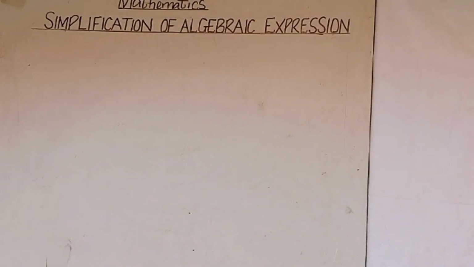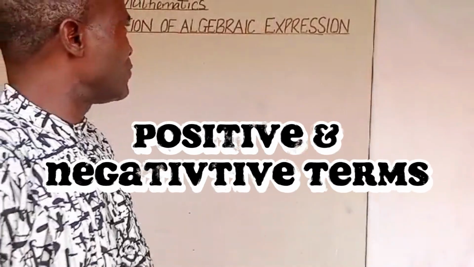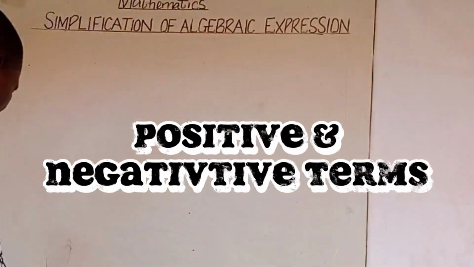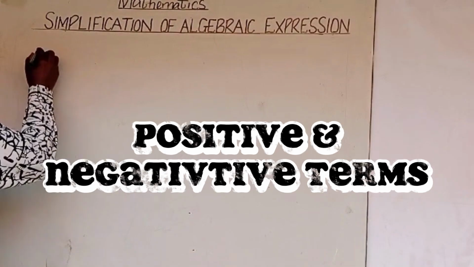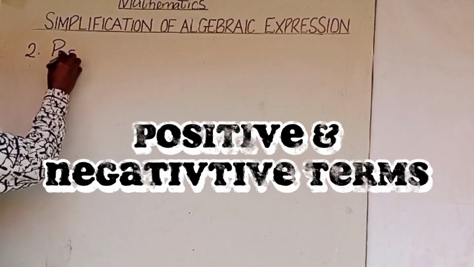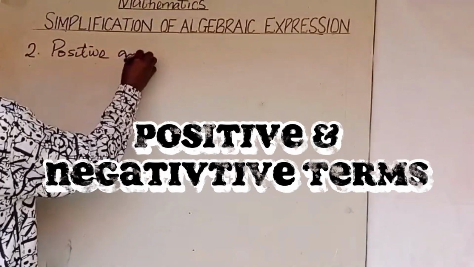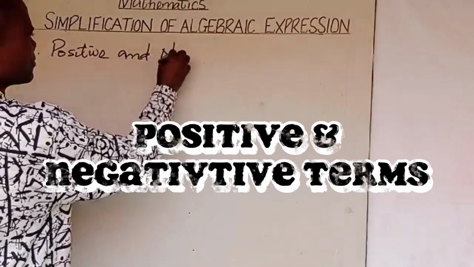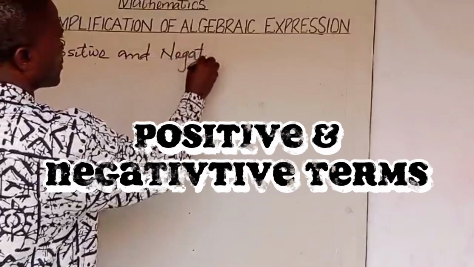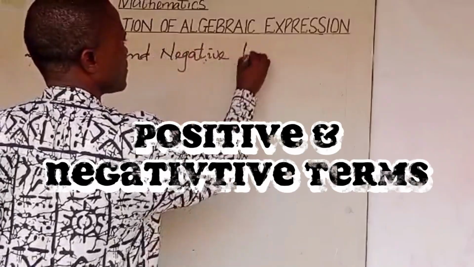Now, the second term that is commonly used in algebraic expression is positive and negative term. Number 2 is positive and negative term.